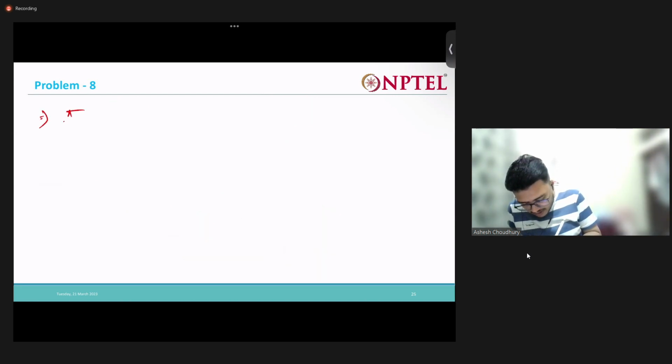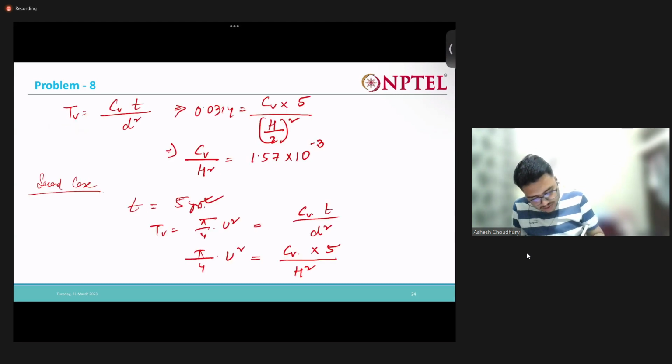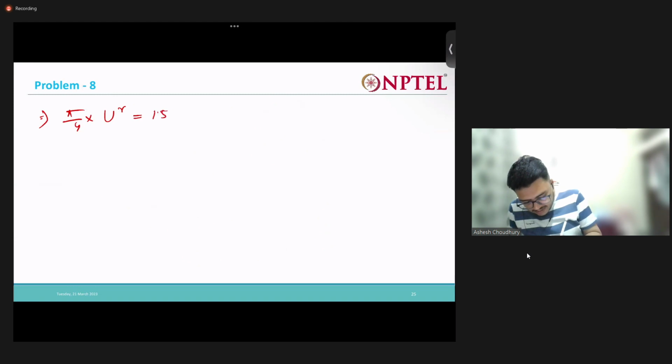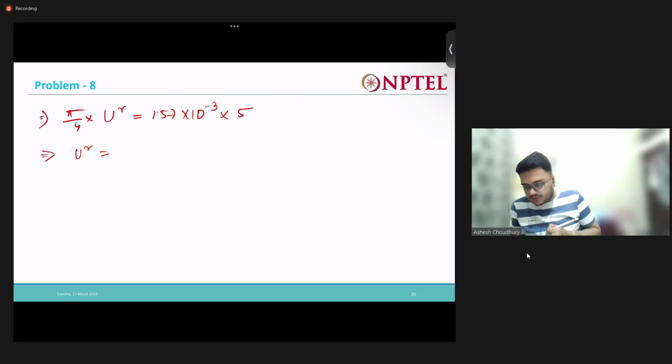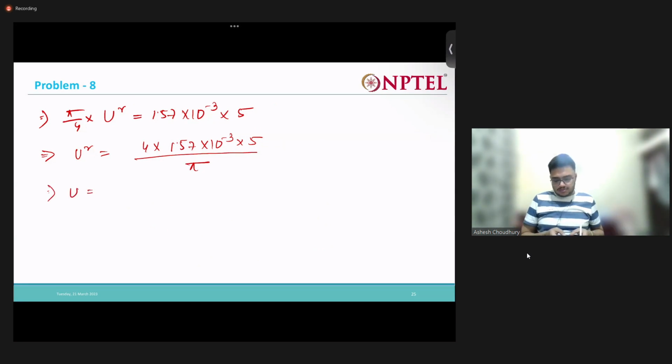So pi by 4 into U square is equal to 1.57 into 10 to the power minus 3 into 5. What is my U square now? U square will be 4 into 1.57 by pi. So from here I can find out U. Please calculate.